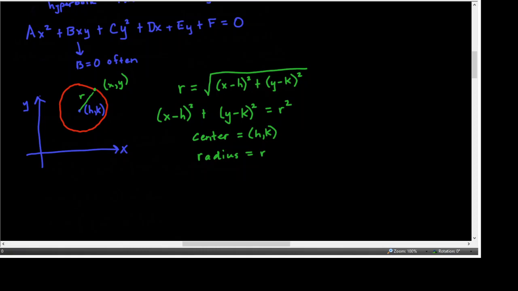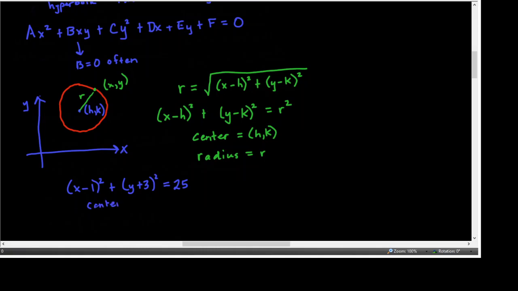For example, if I asked you to graph the circle with this equation, you would be able to just look at that and tell me the coordinates of the center.